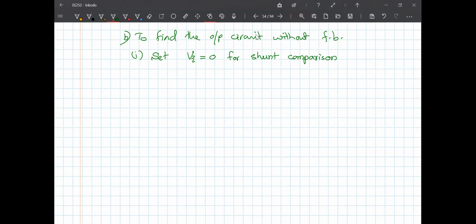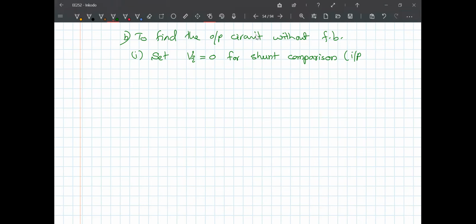You use shunt comparison if the input is a current, but in that case you short circuit it, right? That is, it's not the Vs, it's a Vi. Okay, you short circuit the input if the feedback is a current.